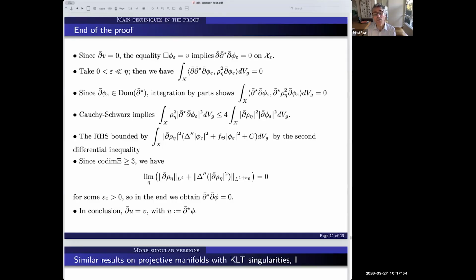So again, my enthusiasm for this is simply to see that there is one possibility to get out of the usual L2 theory, even if the curvature doesn't have a sign, provided that you have this integrability condition satisfied.